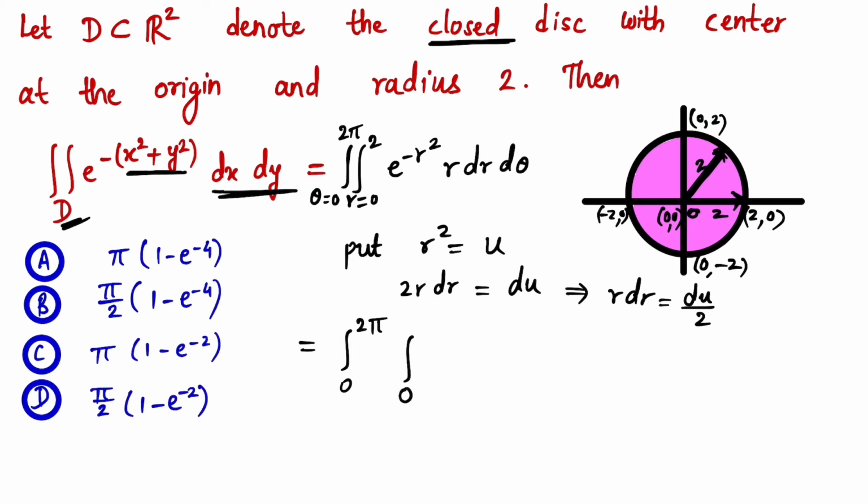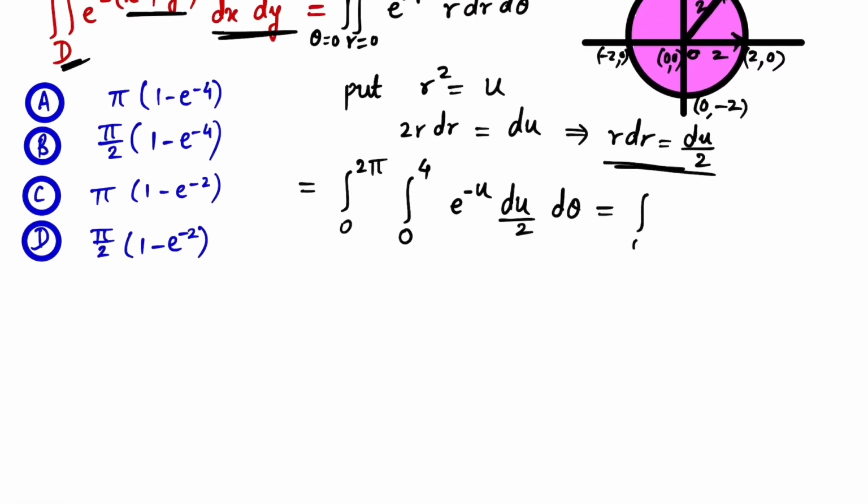When r is 2, u is 2 square, so 4. So we have the integral from 0 to 2 pi of e raised to minus u, with r dr equal to du by 2, and d theta as it is. This is equal to the integration from 0 to 2 pi of e raised to minus u divided by minus 1, and this 2 take it outside, with limits 0 to 4, d theta.